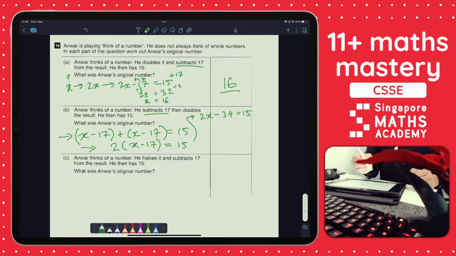In this case, it looks very similar to the kind of equation we looked at in part A, or 16A. Therefore, we can solve this by doing exactly the same, which is the inverse operation.